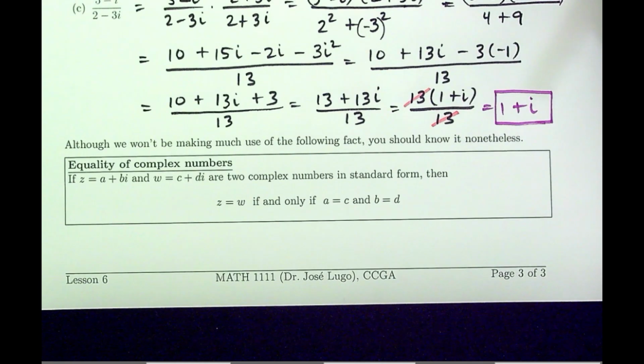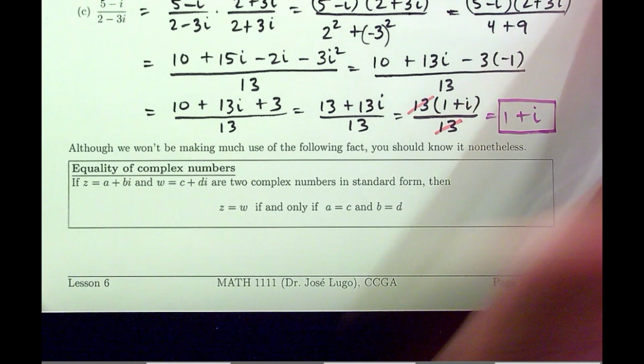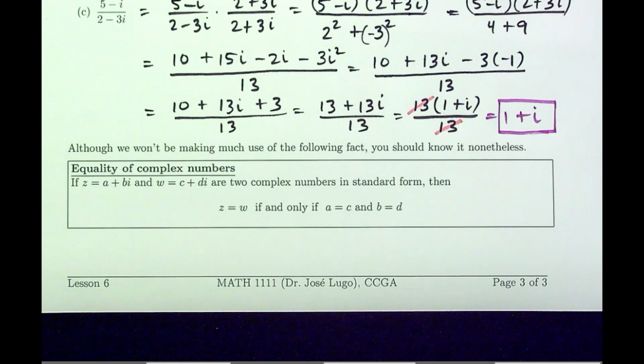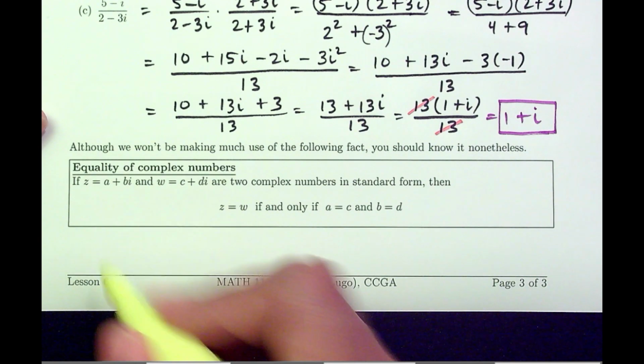So that completes the lesson. Now, before I conclude, one comment: even though we won't be making much use of the following fact, it is something you should probably know.